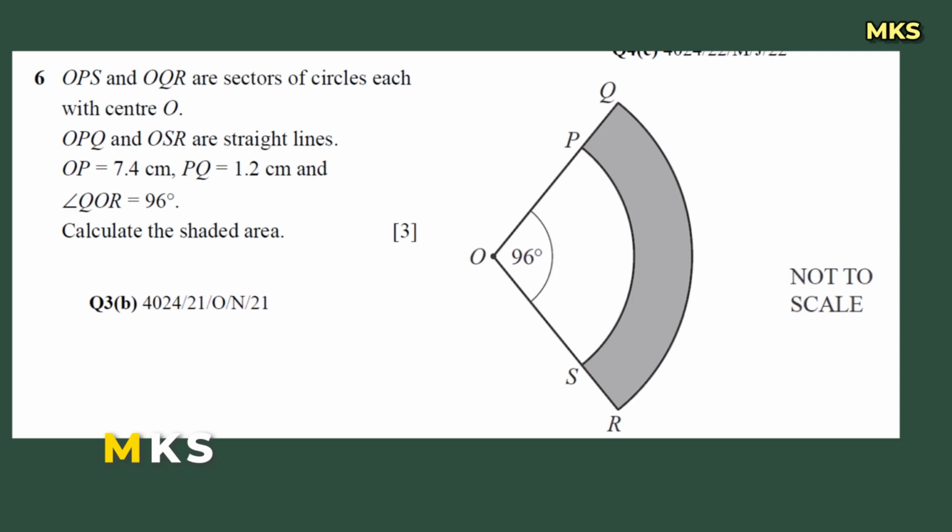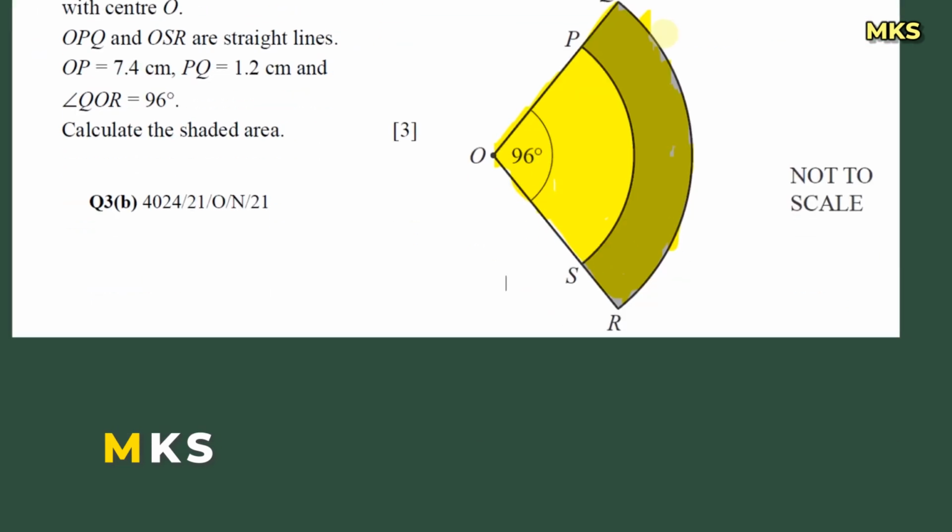Calculate the shaded area. So obviously, we find the area of the larger sector, means OQR. Once we have got this sector, then we need to subtract the smaller sector from this whole sector.